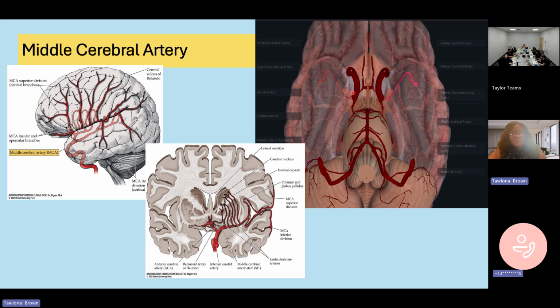So from this view here, you can see your internal carotid artery, or your ICA. And then as it comes in, it's going to bifurcate or branch into your ACA, and then here is your MCA. So I'll just keep going over those, because if you've never really studied these views, it's hard to orient yourself. So I'm more than happy to continue to do that.